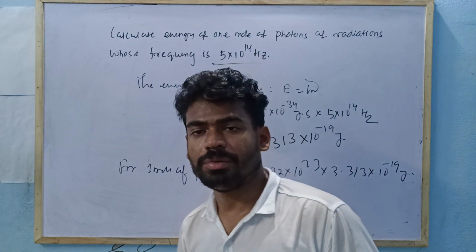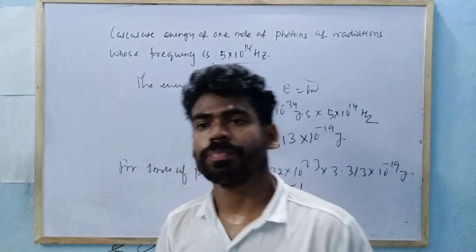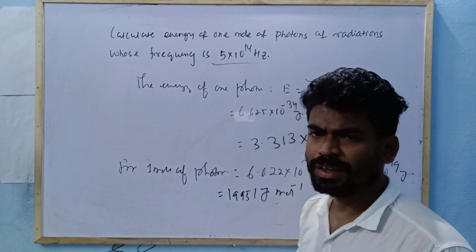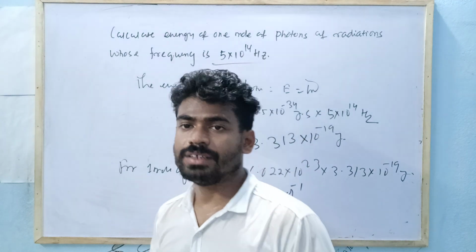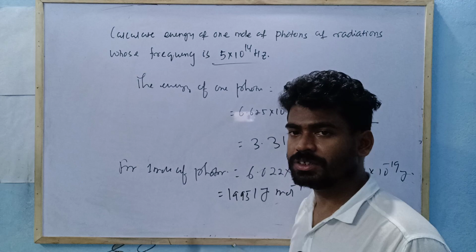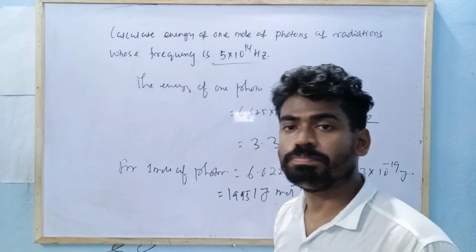Now we have discussed Planck's quantum theory of radiation and the electromagnetic character. We have discussed that energetic radiations have two characteristics. The first one is wave nature, and according to Planck, they also exhibit particle nature.